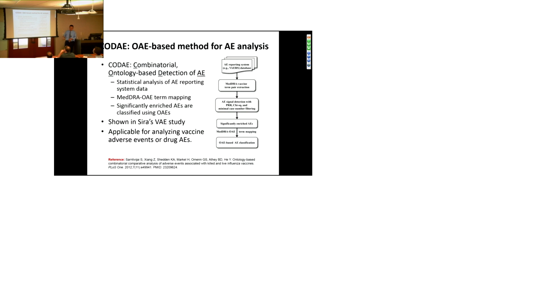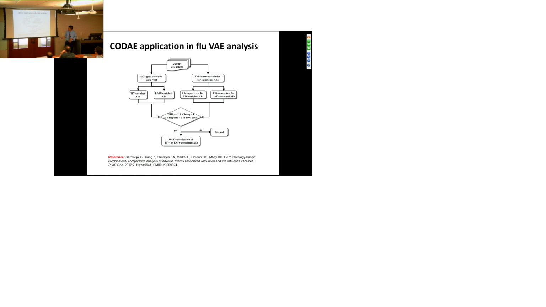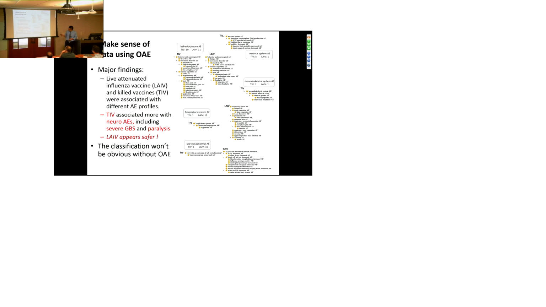Because we don't trust MedDRA's hierarchy, we use our OAE hierarchy. This is the key place where OAE can be used, and then we can look at the classification. So the classification actually becomes very important for us. For the TIV, the killed one, and the live one, we just do it two times and we compare.